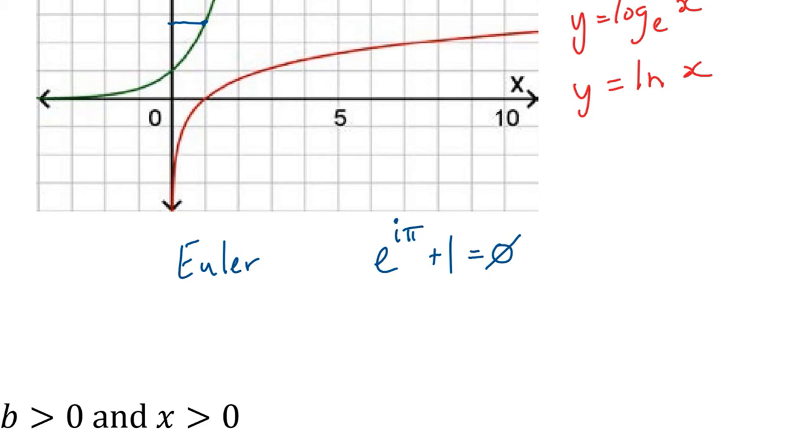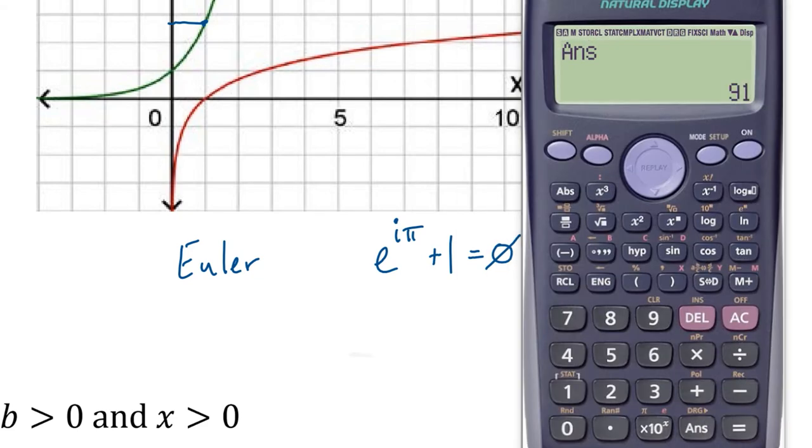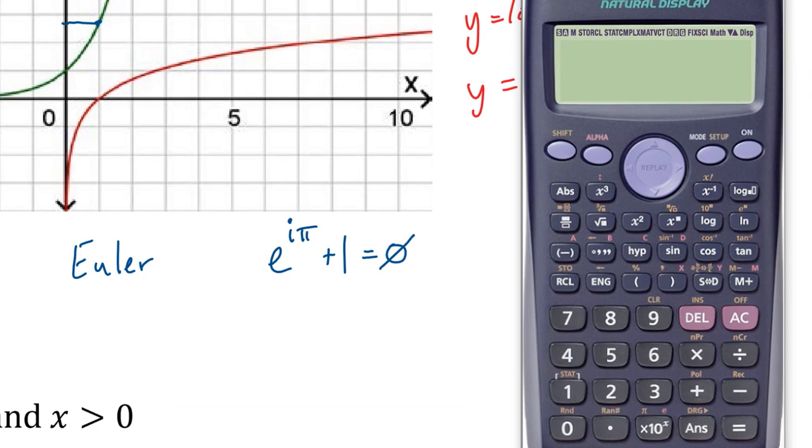You could do this on your calculator. In fact, let me see if this will work for me. You may have noticed that your calculator has a button for e, so Shift e, look at that, it's right in there. Shift e to the, now I got to find my i button because I haven't used that very much. Hopefully I can find it. Oh dear, I might have to do this later.